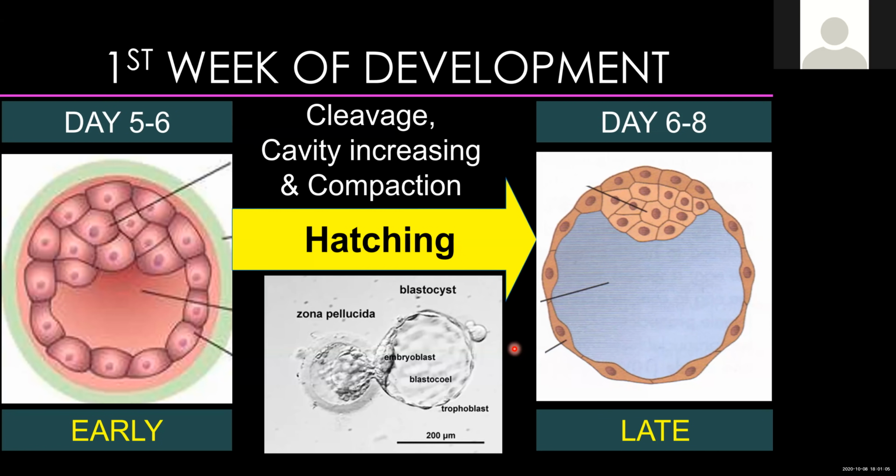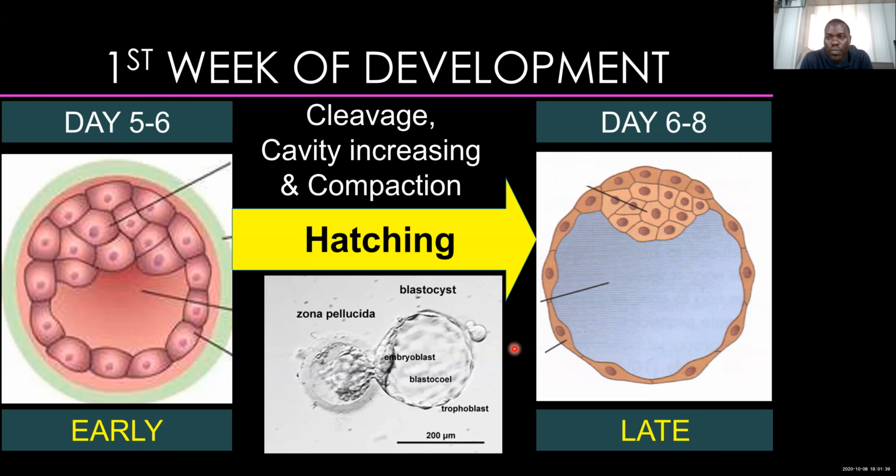In the early blastocyst, it is covered by the zona pellucida, while for the late one, it is not covered by the zona pellucida. Absolutely, that's right. Anything else? Early blastocyst has a narrower cavity, while late blastocyst has a wider cavity. That's accurate. Good. Anyone else?